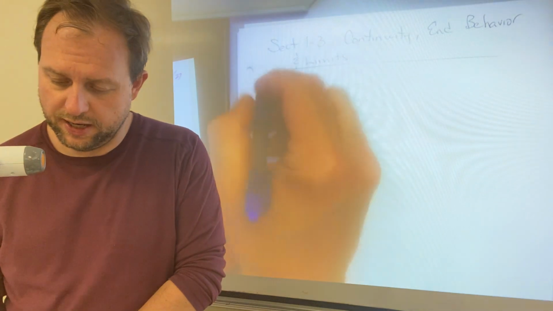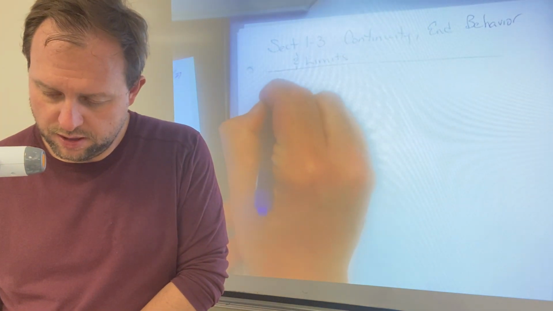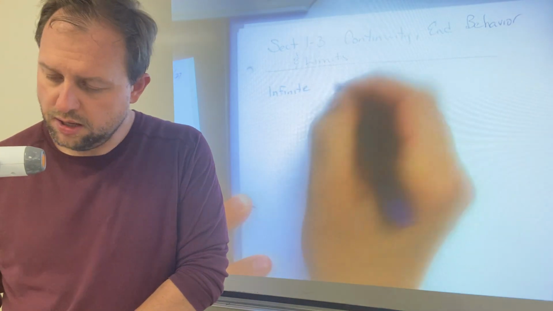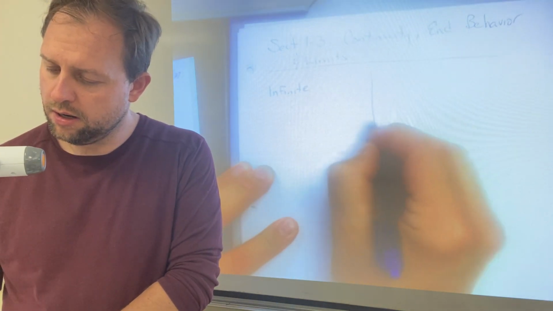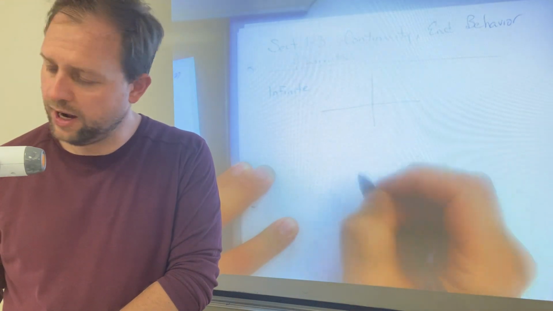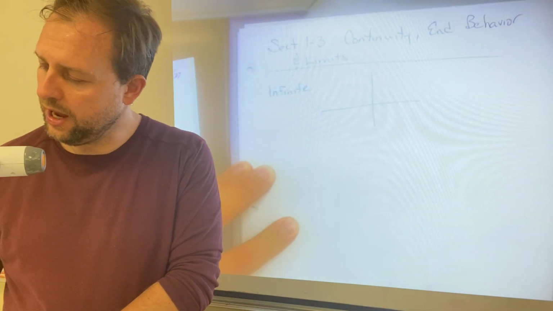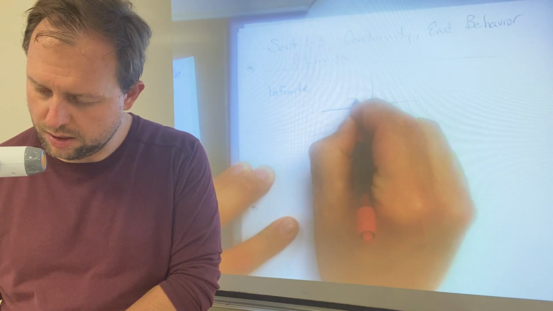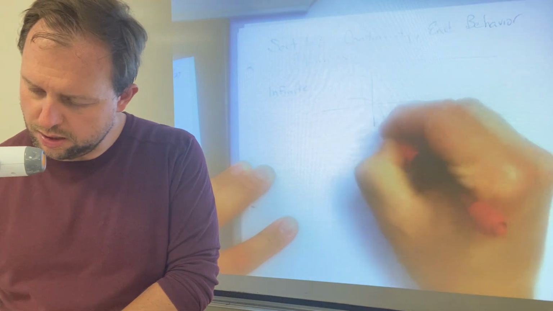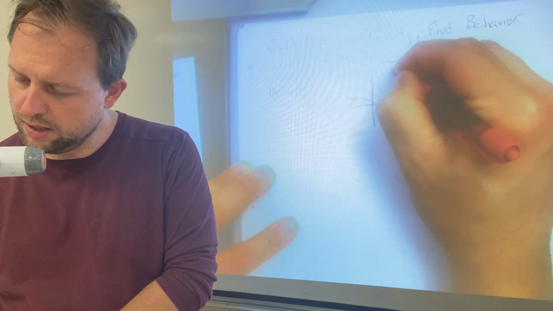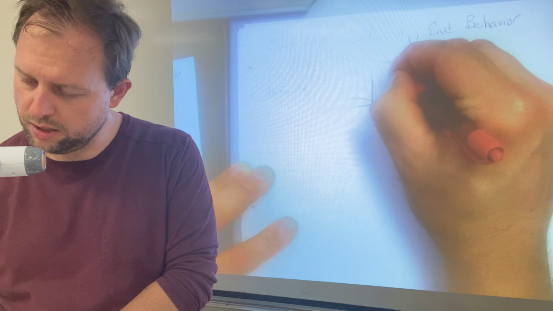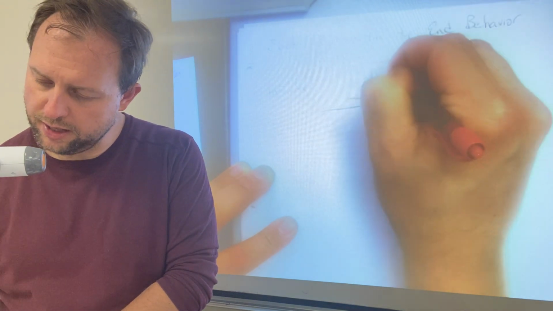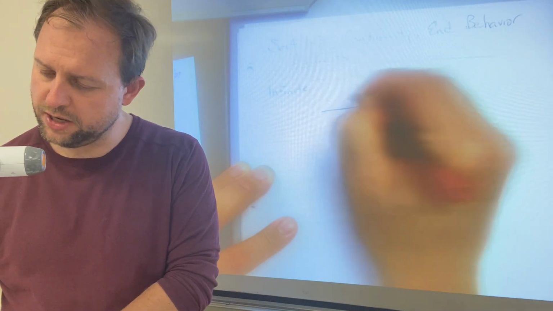The first is infinite, and that is where we have our graph and we have a function that heads off in one direction, and then there's a point at which it starts up and heads off from another.